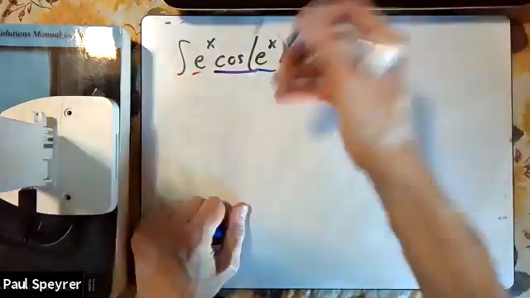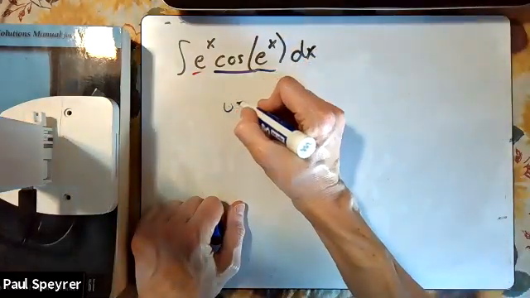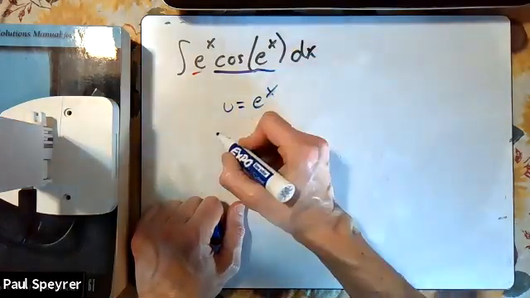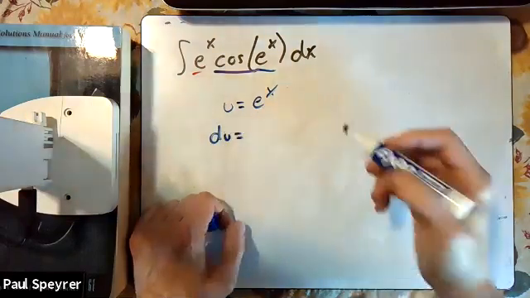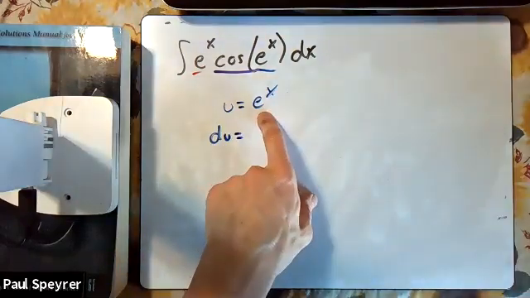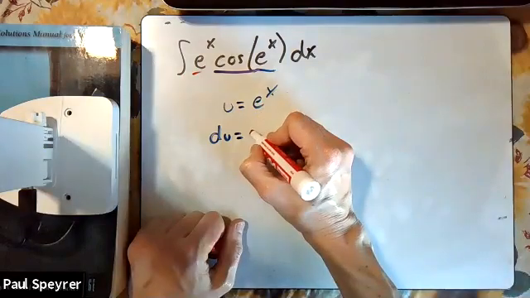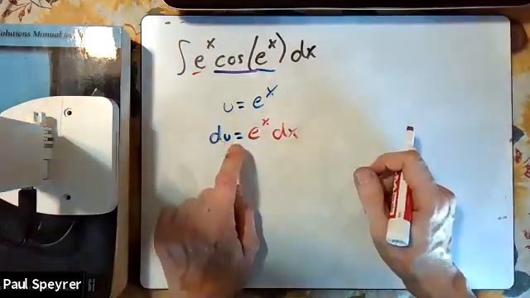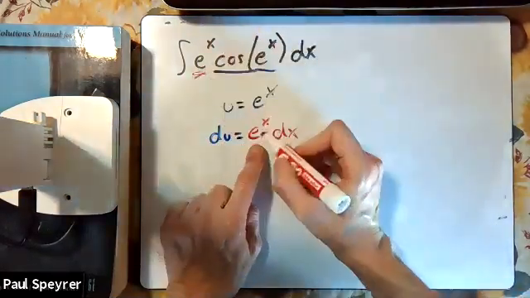I'm going to use the blue marker to signify I'm letting u equal this e to the x right here. So if I take its derivative, what's the derivative of e to the x? It's e to the x and then dx. Now, if you notice, I purposely chose the red. Why?